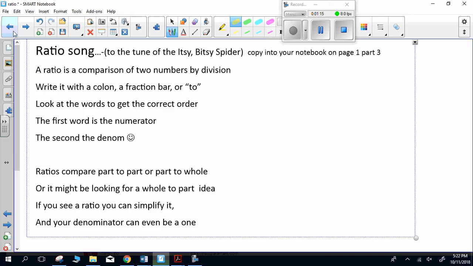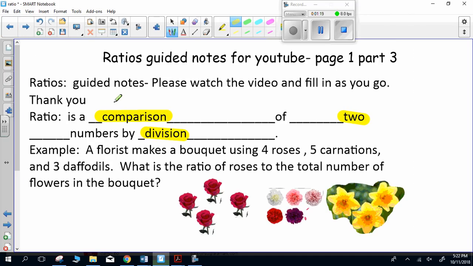Back to the song. The first word is the numerator, the second the denom. So for roses, and we have 5 carnations, and we have 3 daffodils, and then it says, what is the ratio of roses to the total?